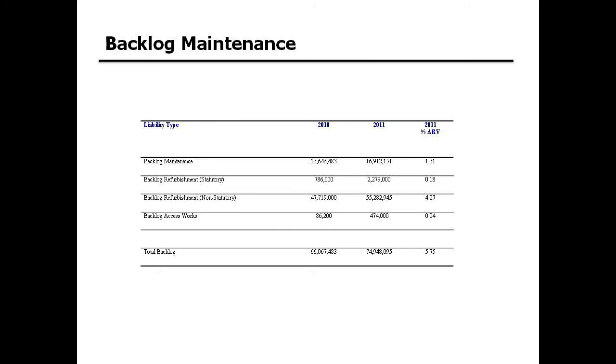So that might be areas which have disability access, or certain types of facility that have to meet a requirement, maybe workshops or laboratories, those type of things. As well as non-statutory refurbishment too, so rooms that really do need to be brought up to speed. It might be residential rooms, it might be accommodation, it might be foyers, those type of things. And last but not least, access works too.